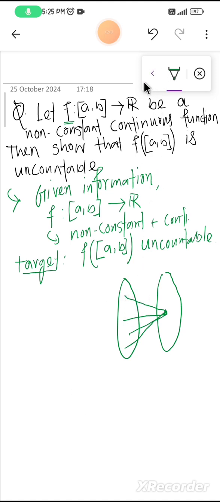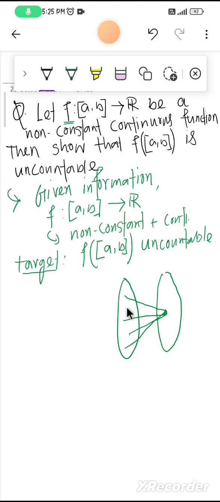In this domain there are at least two members whose images are different. Let us say that these 2 points are x1 and x2. Why? Because this function is non-constant, that is given.